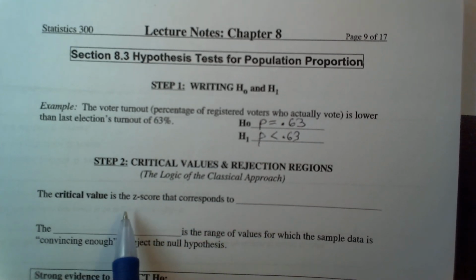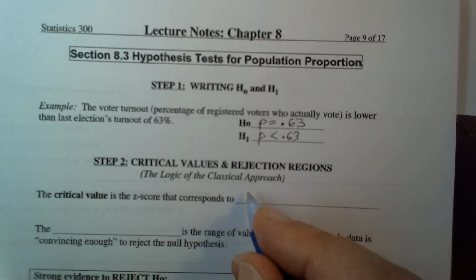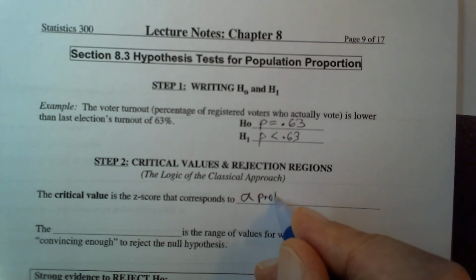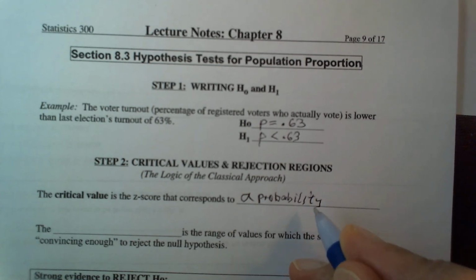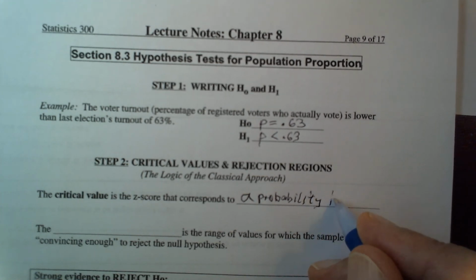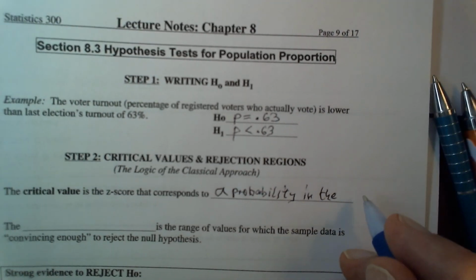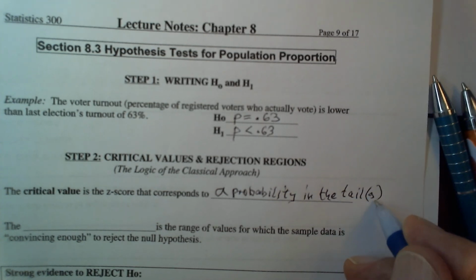The critical value is the z-score that corresponds to alpha probability in the tail, or tails, if we have a two-tailed situation.